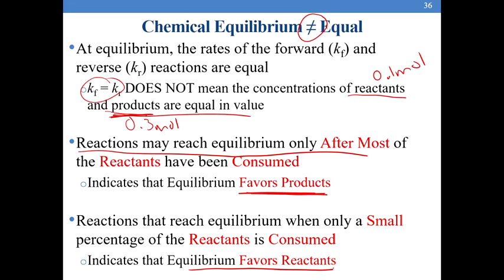So some equilibriums will favor products and some equilibriums will favor reactants. If we favor reactants, then only a little bit of the reactants are going to actually form the products. So that actually occurs a lot in health.